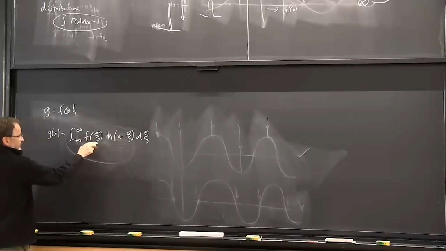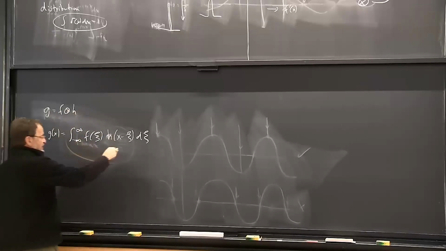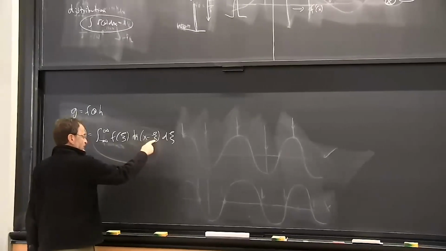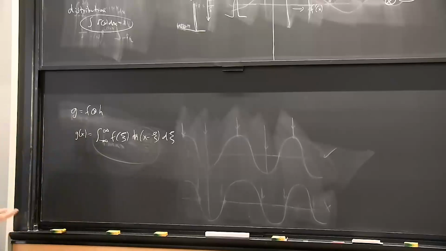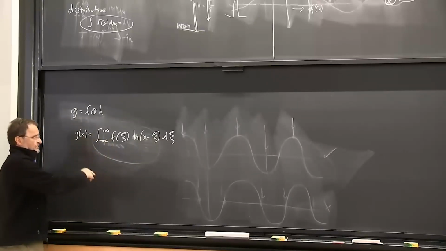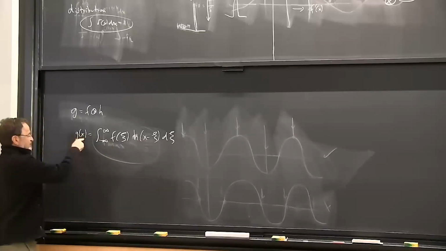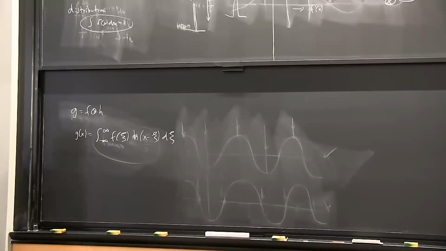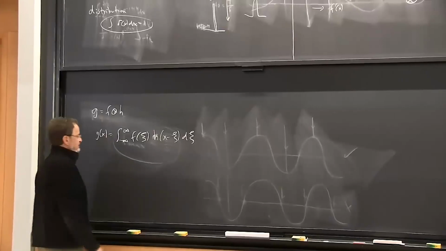So this one is going left to right, just as f of x does, and this one goes in the reverse direction with respect to this dummy variable. So notice again that we have to be careful with the x. We'd like to write the integral blah blah blah dx, but we can't do that because the x is a parameter here, so we need a dummy variable. So introduce some Greek letter.